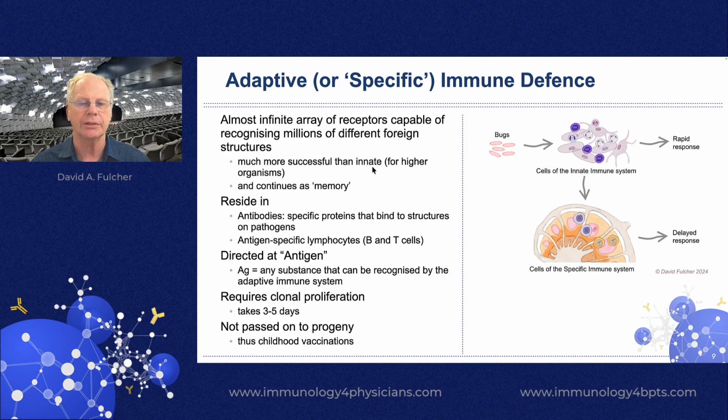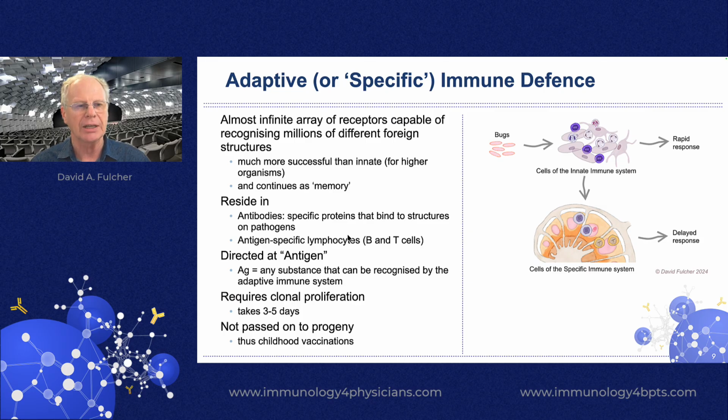That's why we need it to protect an organism as complex as ourselves. And unlike innate, memory is a factor. Once the immune response has been made by this specific immune system, the next time the bug tries to get in, the response will be that much more rapid, and indeed there will be things like antibodies preventing a secondary infection in some circumstances.